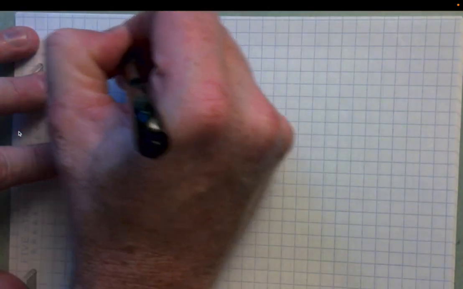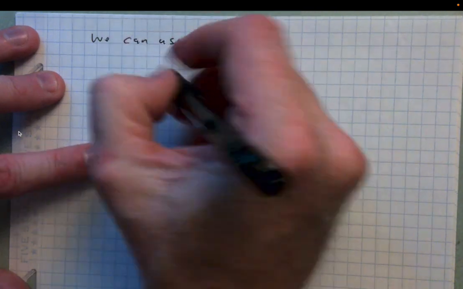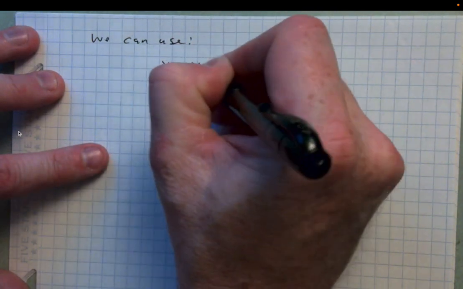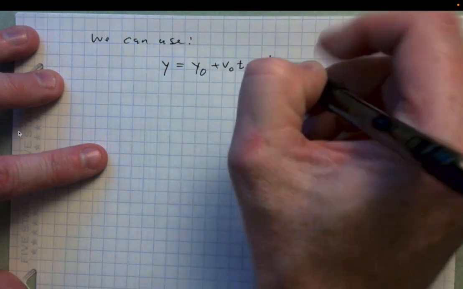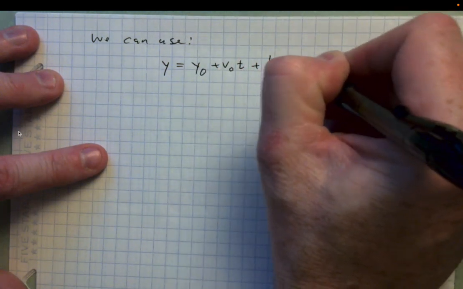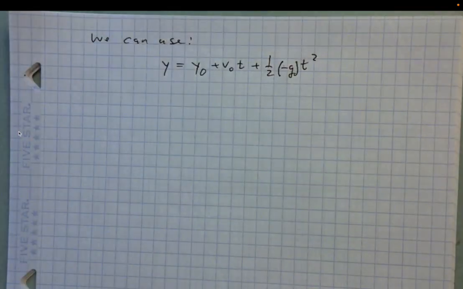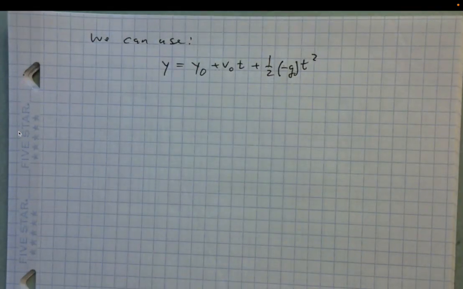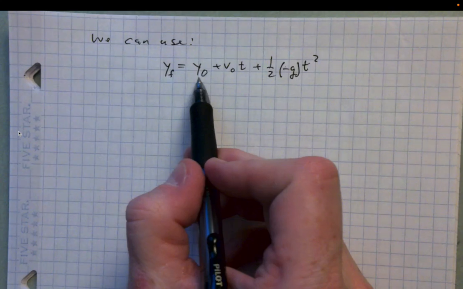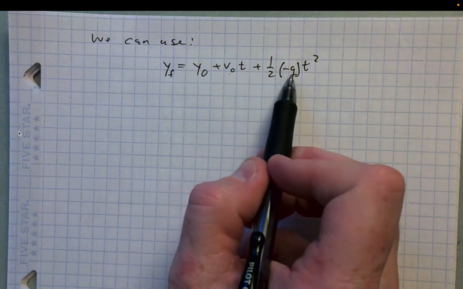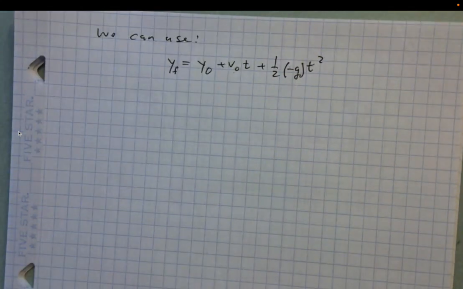So we can use y equals y naught plus v naught t plus 1/2 -g t squared. Now what we want to do is solve this expression for t. We're going to plug in a final position, and we know the initial position, the initial velocity, and the acceleration due to gravity. So we know everything here except for t. We have to figure out what t is, right?